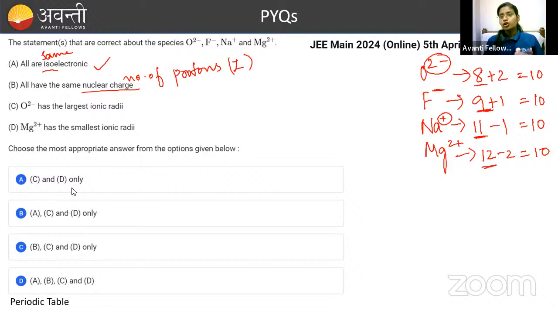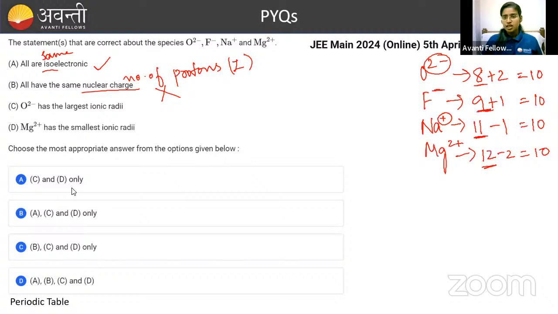The number of protons, the nuclear charge, is different for each species. But statement B says all have the same nuclear charge. Do they? Obviously no, right? So statement B is incorrect.